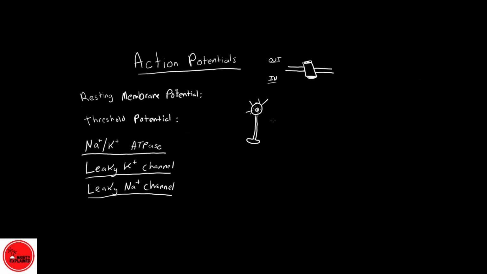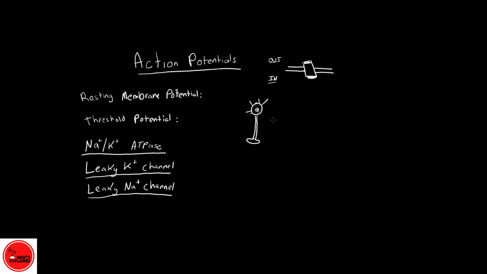The difference between the inside and the outside, there's a different amount of these ions that cause either negativity on the inside or negativity on the outside, positivity on the inside, positivity on the outside, whatever it is. When there's a difference in that, there's a voltage difference, which gives you a membrane potential.